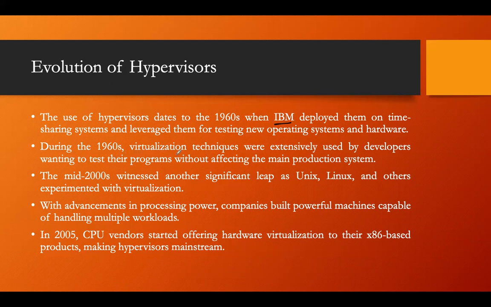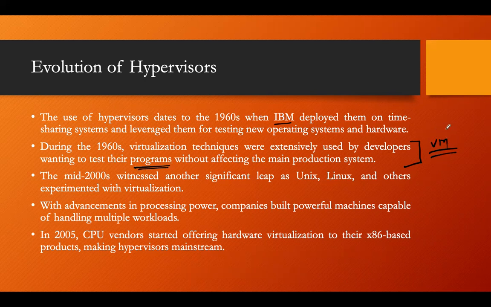During the 1960s, virtualization techniques were extensively used by developers wanting to test their programs without affecting the main production system. So the virtual machine concept came in at that time, when developers wanted to test their programs, and these programs should not hamper the actual machine, so they would create a virtual machine for that.